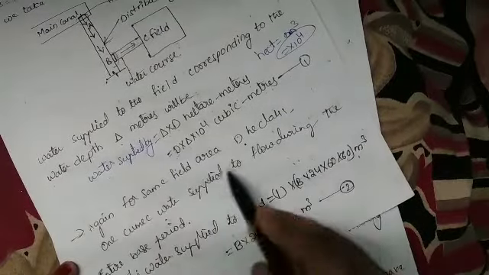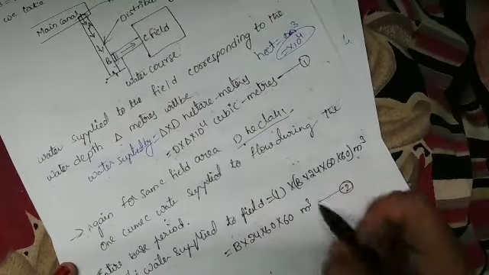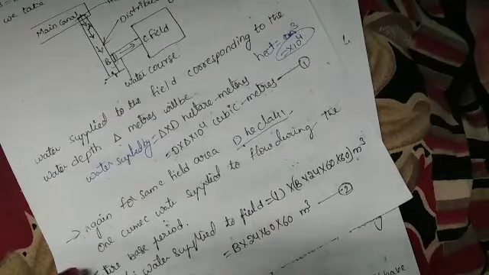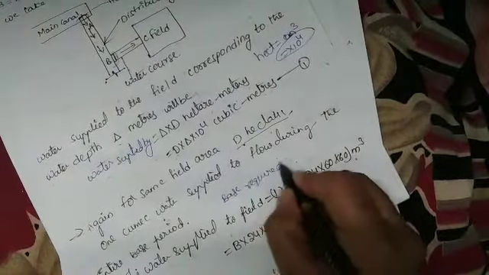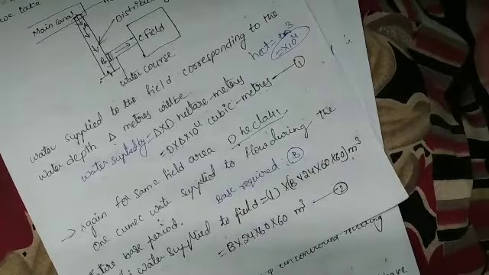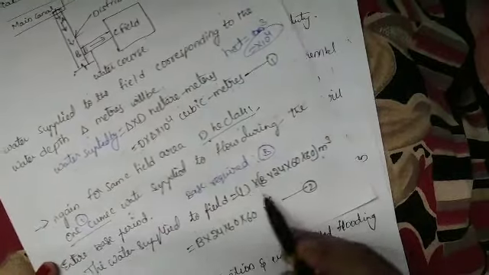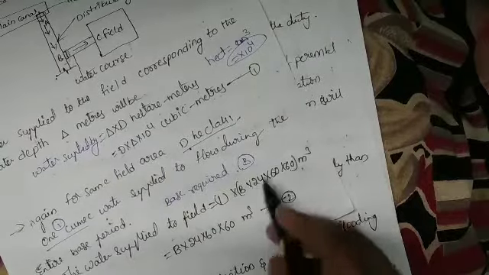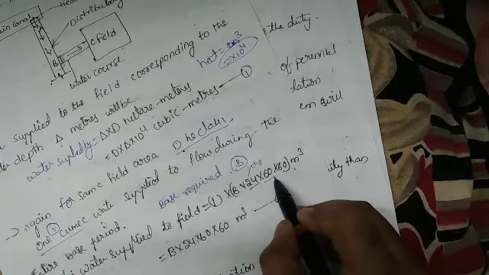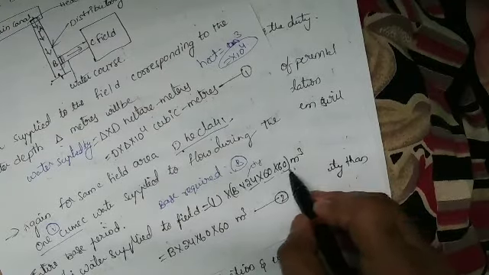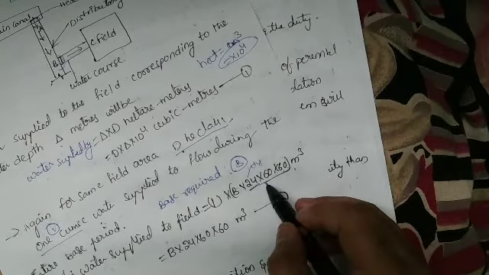Again, for the same field area of D hectares, 1 cubic meter per second is supplied during the entire base period B. So 1 into B into 24, that is 24 hours per day, into 60 minutes per hour, into 60 seconds per minute. The total duration is days into hours, minutes, and seconds.